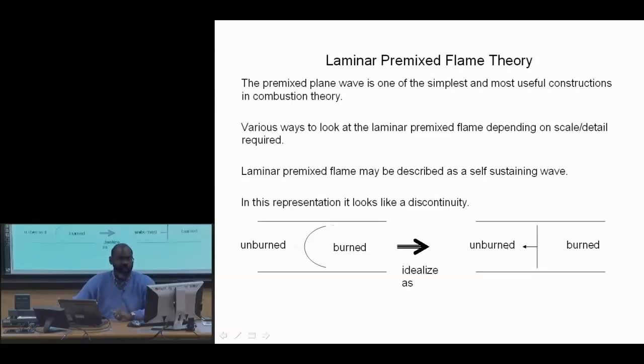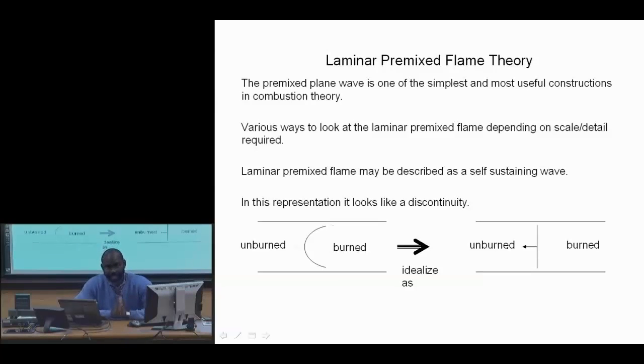Okay, so we're going to first discuss the premixed flame, and then we'll lead into what the implications are as far as non-premixed flames. So you might ask yourself, what exactly is a flame? And the answer depends on what application you're looking to design or what level of description you want. So at the simplest level, a flame is an interface. It's an interface between, in the case of a premixed flame, between the reactants and the product.